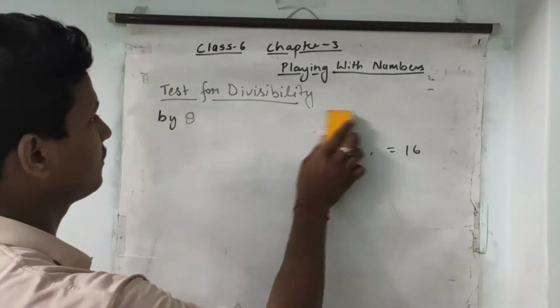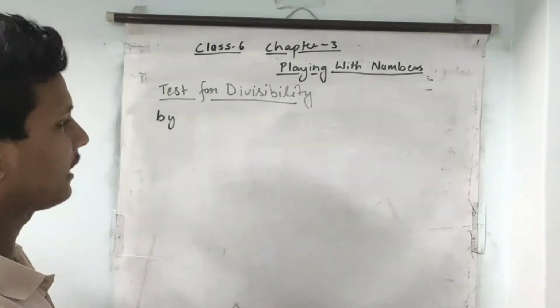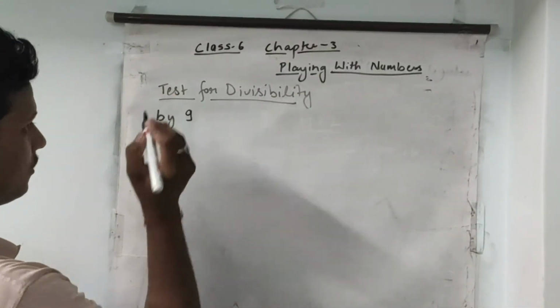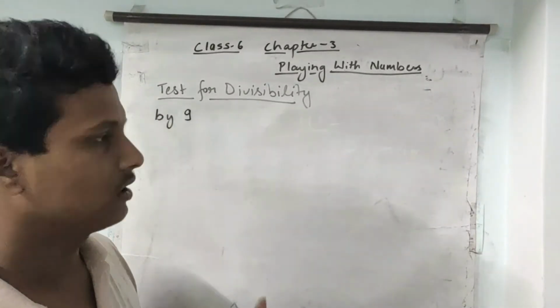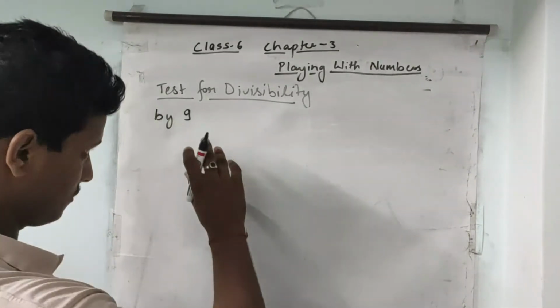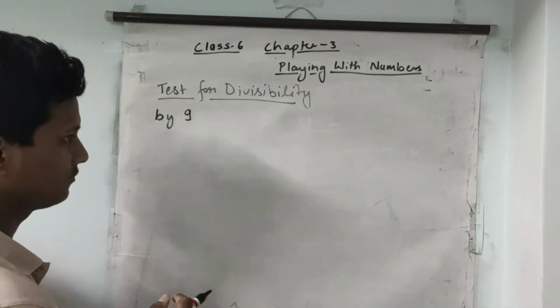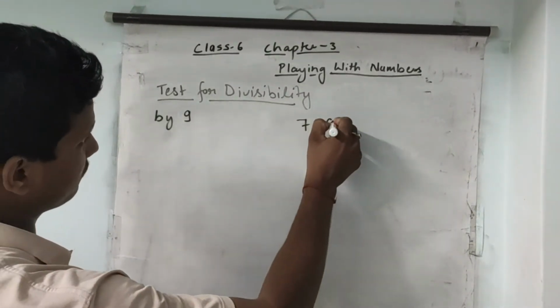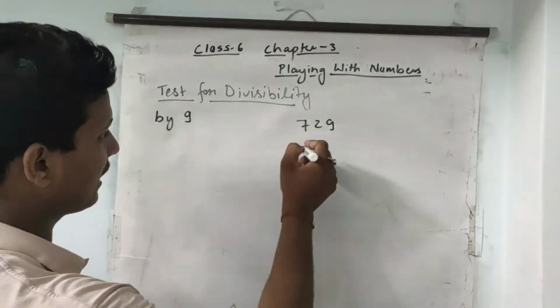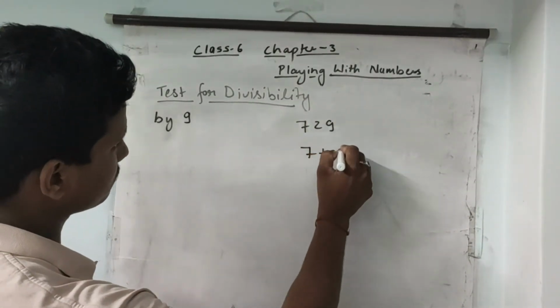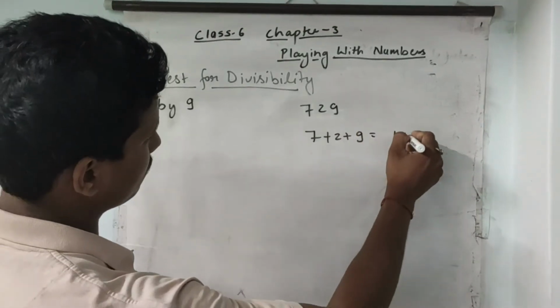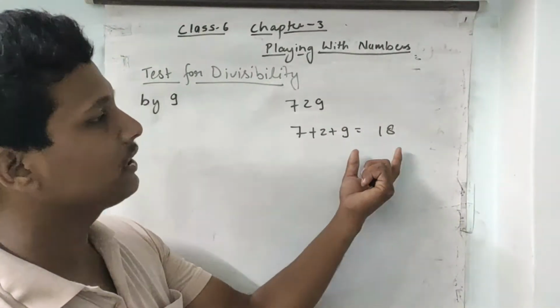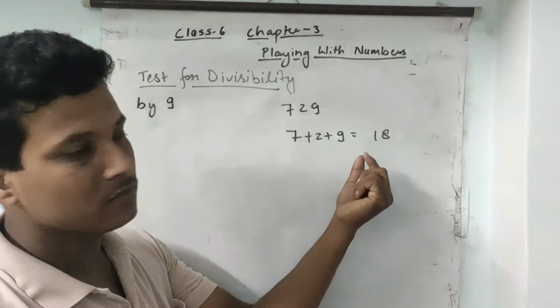Now the next part is divisibility by 9. Like we have done for 3, we will do for the divisibility by 9. Like 729, the value we have taken, we just need to add the digits of this number, and we will get 18 here. Now we need to check the sum by 9.